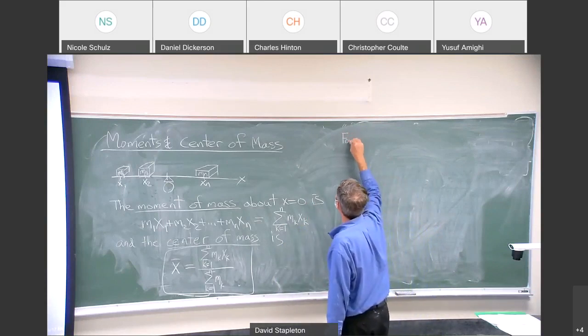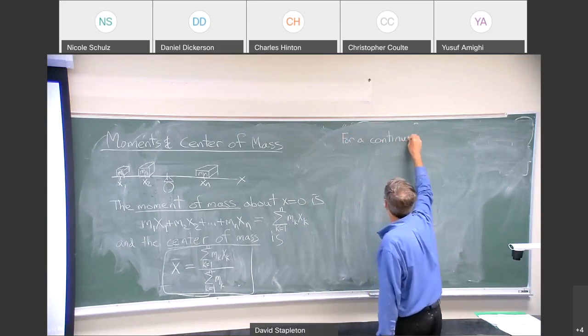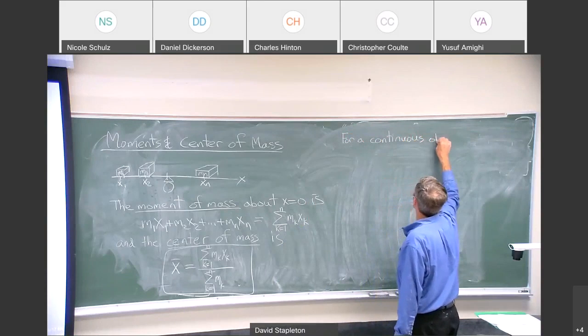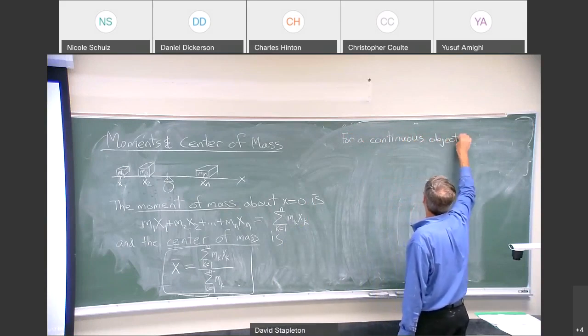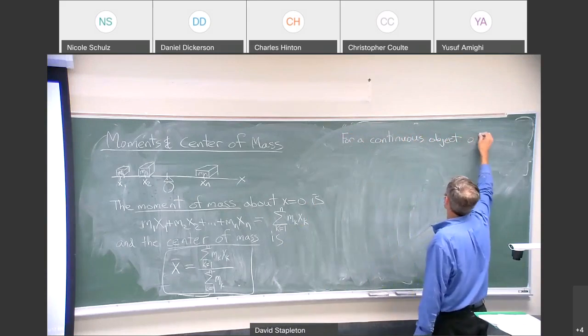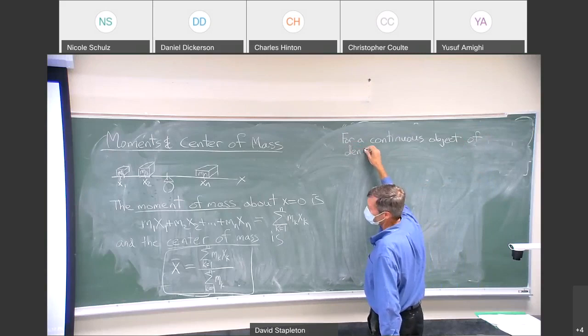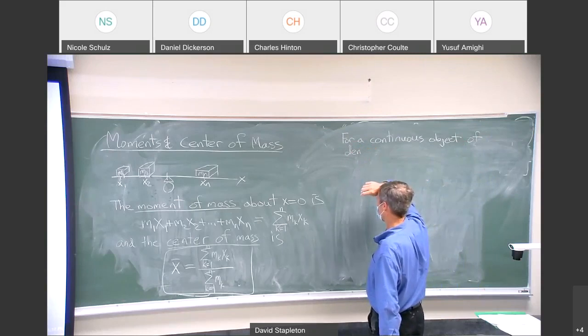For a continuous object, let's say a rod of varying density, the book doesn't do varying density, though they do varying height.